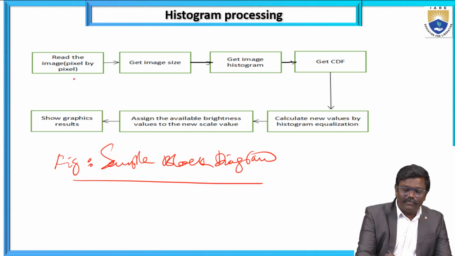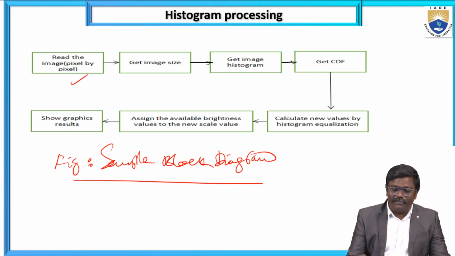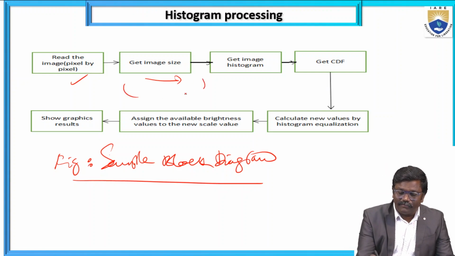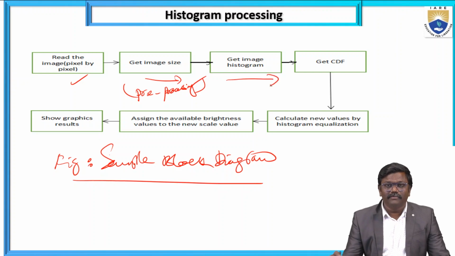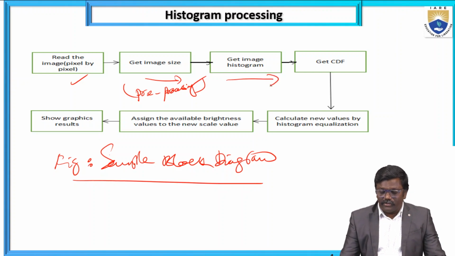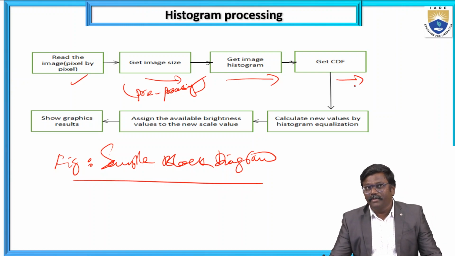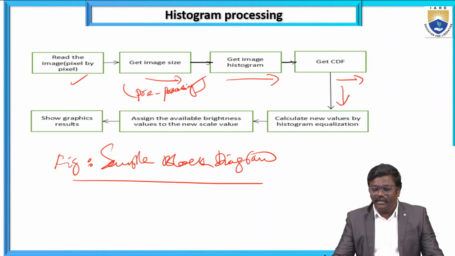Simply, we read the image in terms of pixels, obviously, and get the image in the required image size. That is pre-processing. Pre-processing will be there, and get your histogram values. Then we get the cumulative distribution of the frequency values, and then we calculate the histogram equalization values.